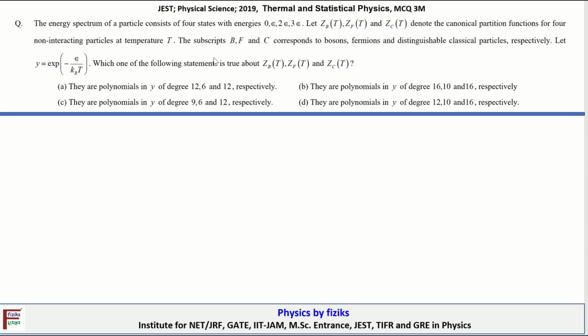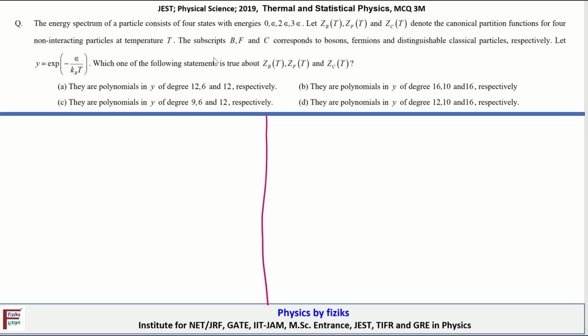Okay, so basically we have to determine the partition function first, and then the degree of the corresponding polynomial in terms of which a partition function can be written. I'm going to explain it with the help of the partition function for the system of bosons, and then we will generalize this result for the rest of the two cases.